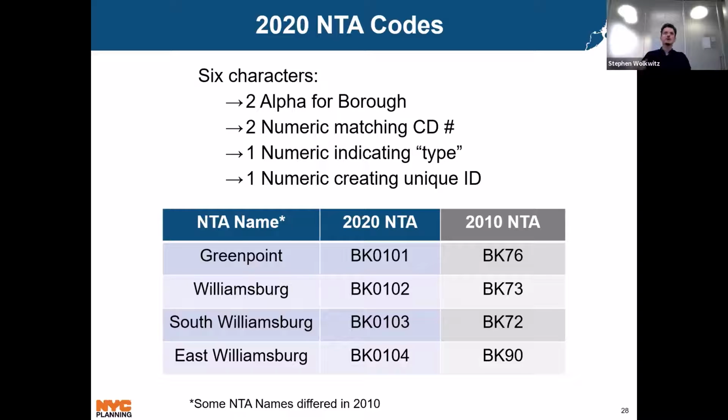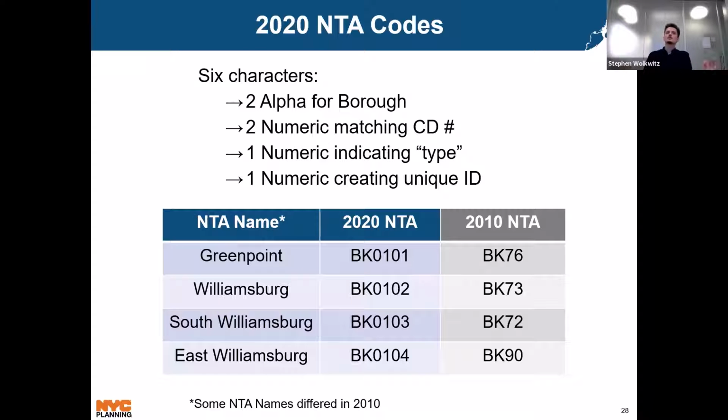So it's BK01. And then we have a 5th character that indicates a type. These are all zeros, so I'll explain what the types are on the next slide. And then the 6th digit creates a unique ID that ties it all together for each NTA. And you see how this compares with the NTA codes that we had in the past, which didn't have a clear logic for what CD an NTA was a part of, or even what the neighbors were.